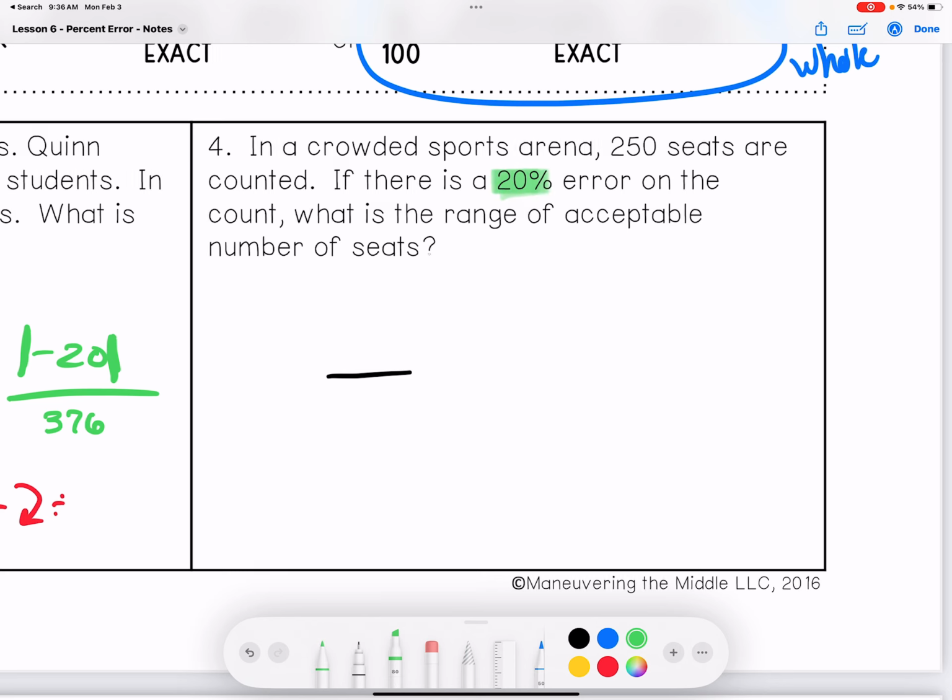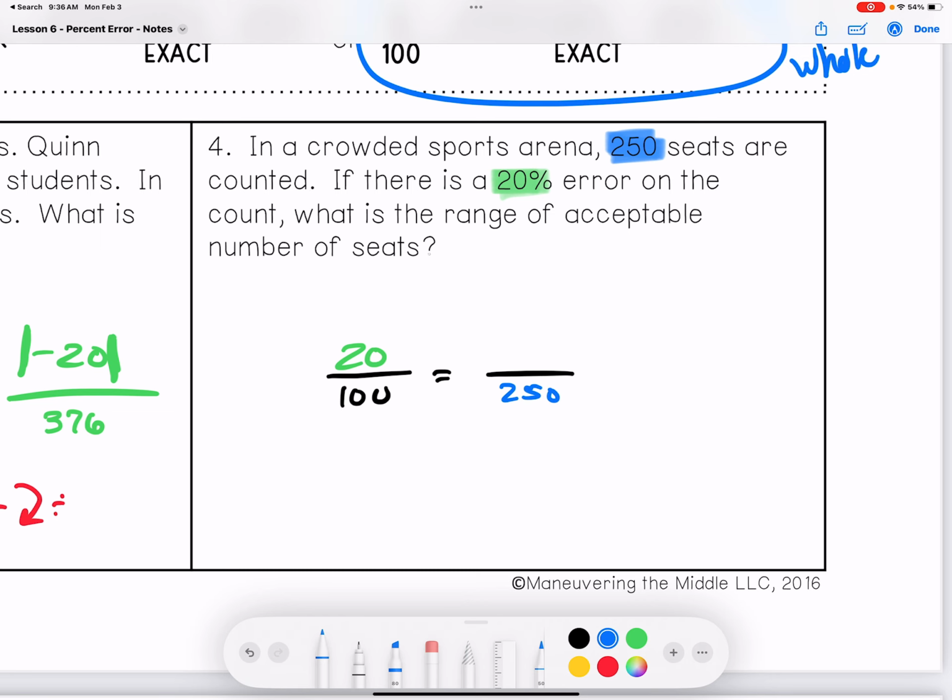The percent is 20. It's always over 100. Equals 250, that's the exact amount of seats.